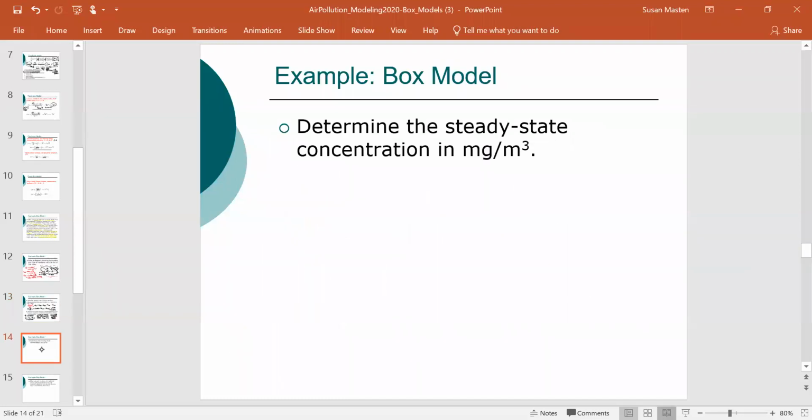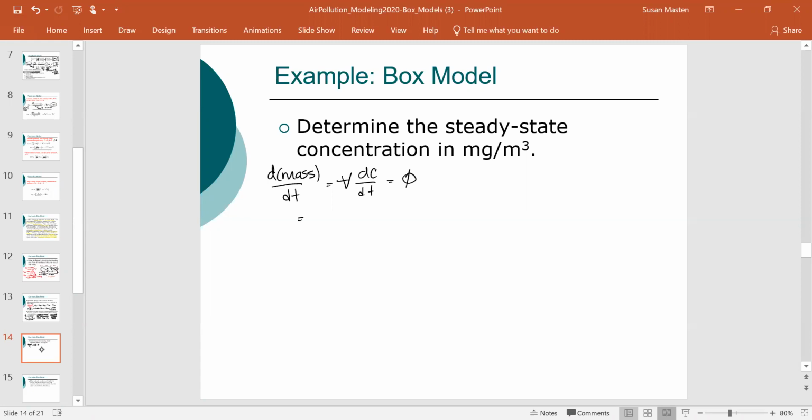Okay. So the next thing I'm asking you to do is to determine the steady state concentration. So if I have steady state conditions, that means that the change in mass with respect to time is equal to, and here's where I wait for the answer, but I will just write it, 0. And then we have that equation that we just used.